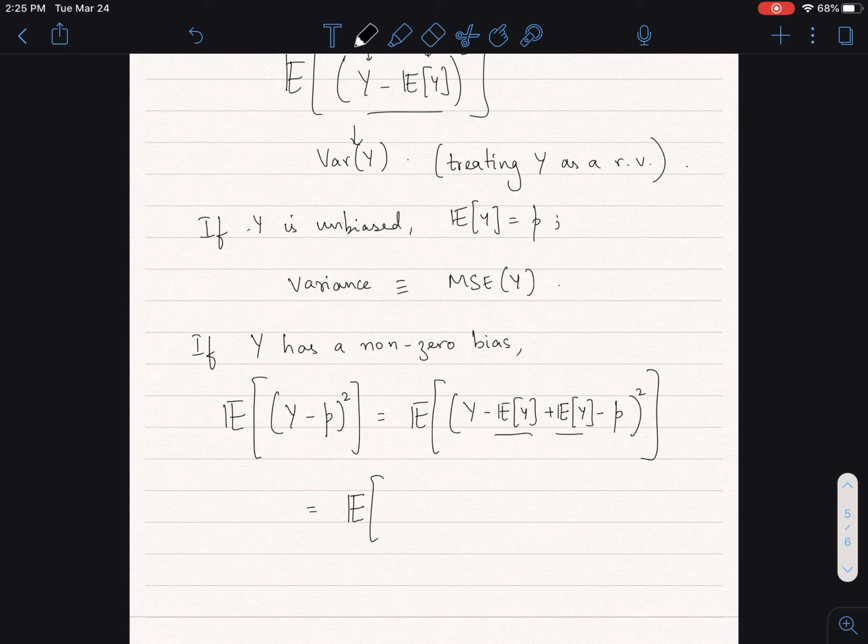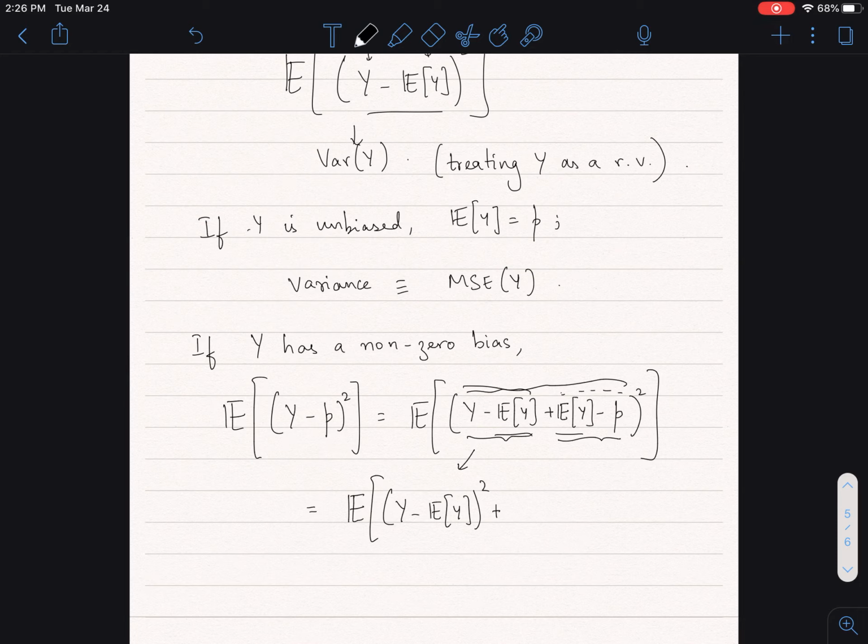Now we can do this trick using linearity of expectation. First I'm expanding this out, and I end up with something like y minus the expected value of y whole squared, plus this thing squared. Think of it as a plus b whole squared, where a consists of these two terms and b consists of these two terms.